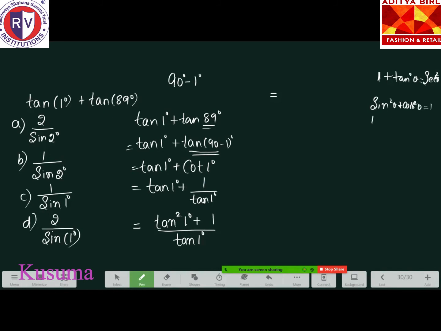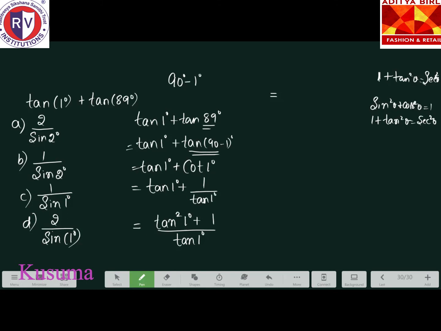Right? And 1 plus tan square theta is equal to secant square theta. And what is the one more formula? 1 plus cot square theta is equal to, tell me. Cosecant square theta. Yes, 1 plus cot square theta is cosecant square theta.